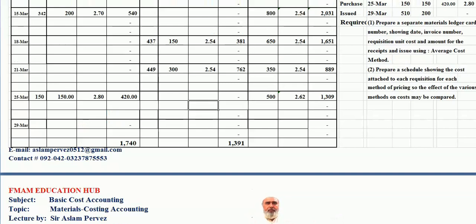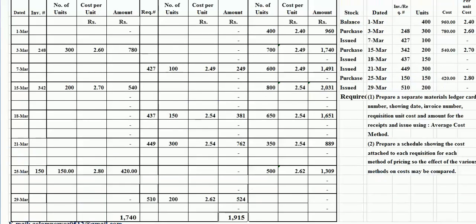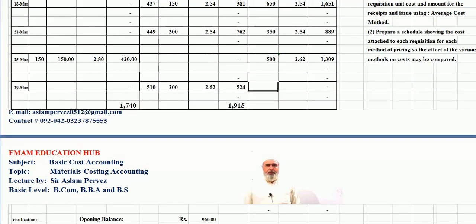The requisition number is 510. The rate is the same as is available in our balance column. The remaining balance is 3 units. The rate is the same here.